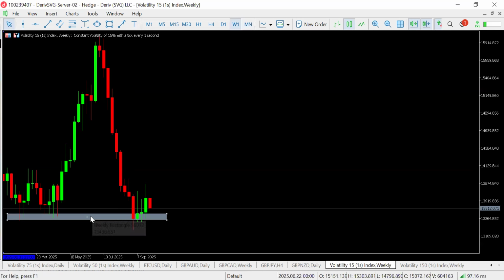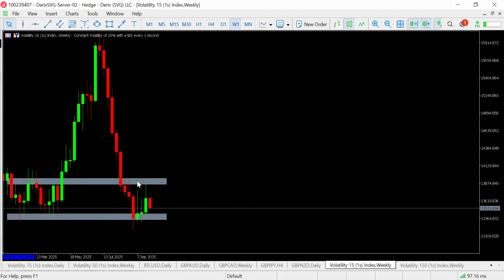What we can get from the weekly time frame is maybe the opportunity to add another level here. Okay, another level here. So we have price being rejected from the support zone. Basically, what we get to do on the weekly time frame is to get a structure of the market to work with.